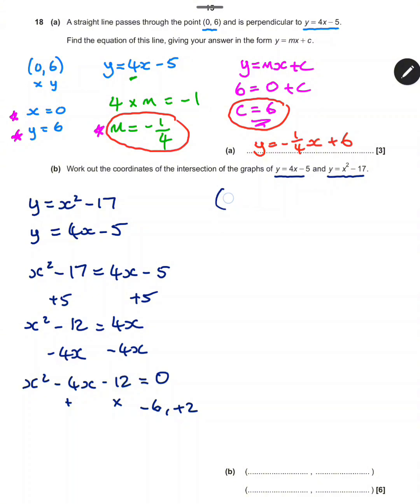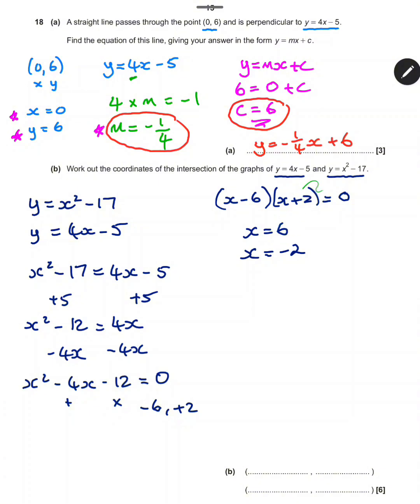So that's how I'm going to factorize my quadratic: x minus 6 and x plus 2. Still an equation, so still equals 0. Now let's solve this. x equals +6 and x equals -2, just the opposite of what's in the bracket.